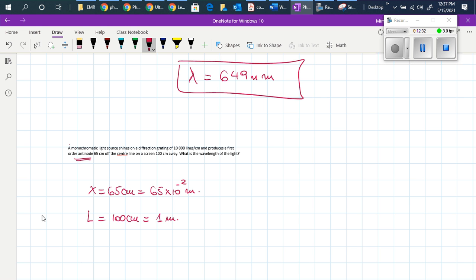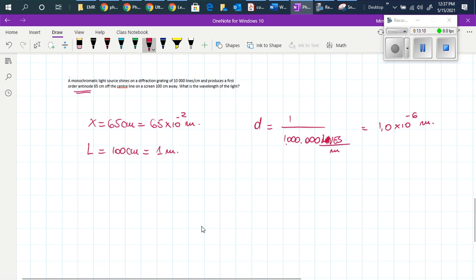So therefore, what we have to do is find the angle theta that is between them and then use the sine formula. But before we do that, let's find the distance. Since it is the same calculation as before, it is 1 over lines per meter, giving us 1.0 times 10 to the power of -6 meters as the distance between the two.